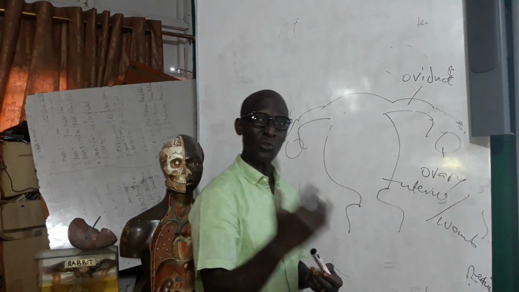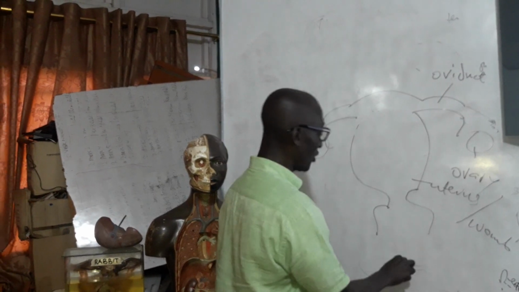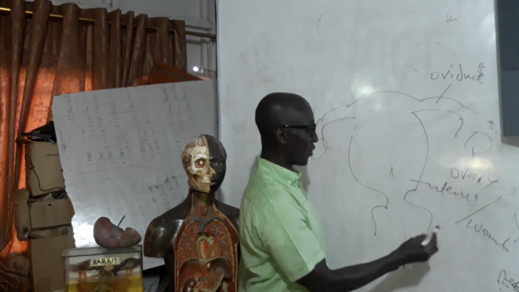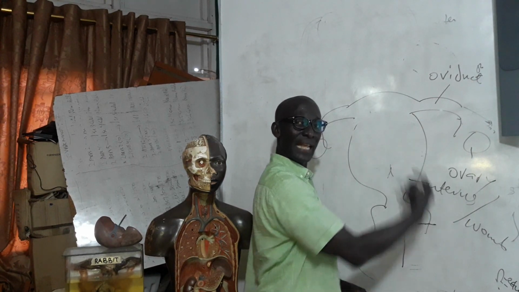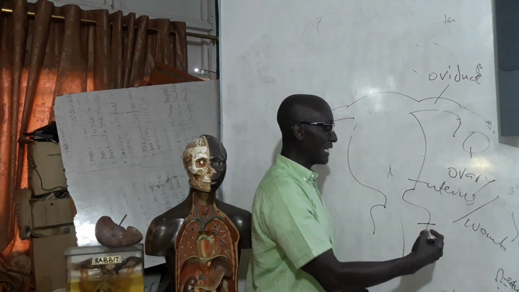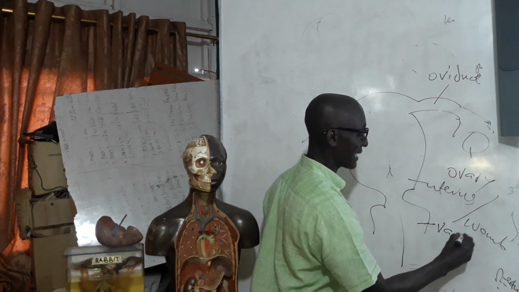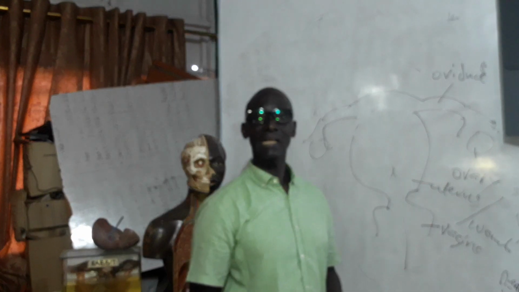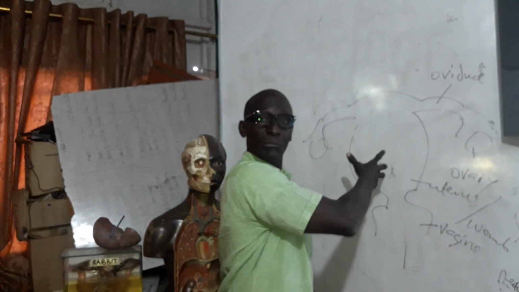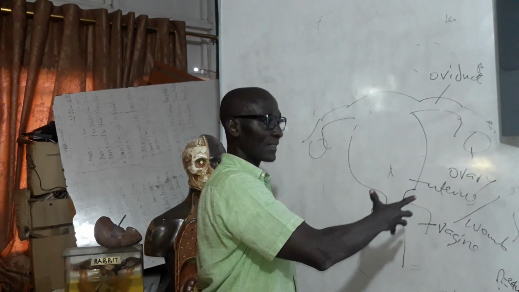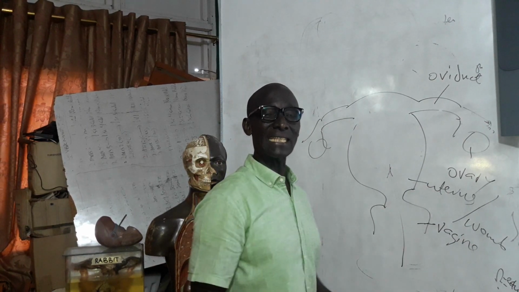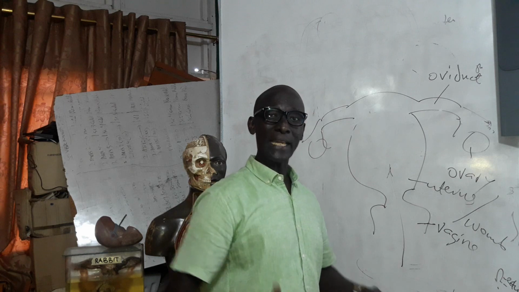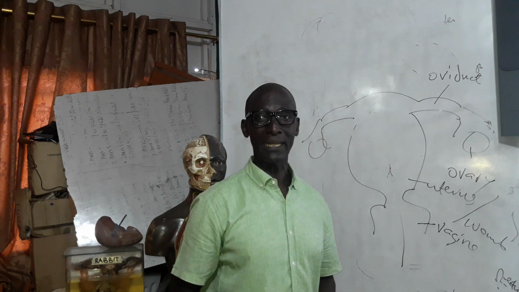For copulation to occur in females, it goes through this manner. So this area, that is the opening of the reproductive system in the female, is described as the vagina. So, students, this is a sketch representing the female reproductive system, which is usually located in the lower abdomen.